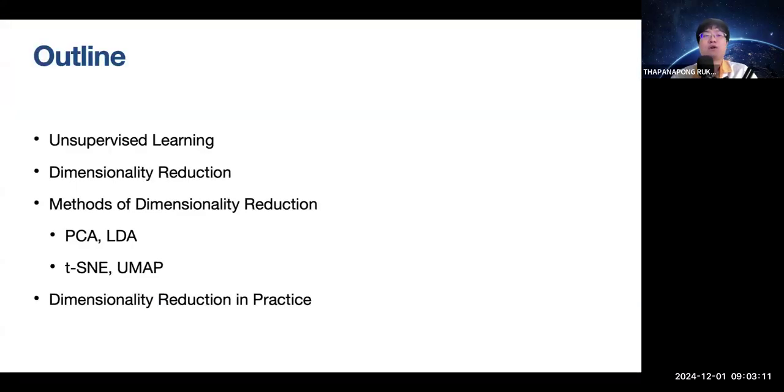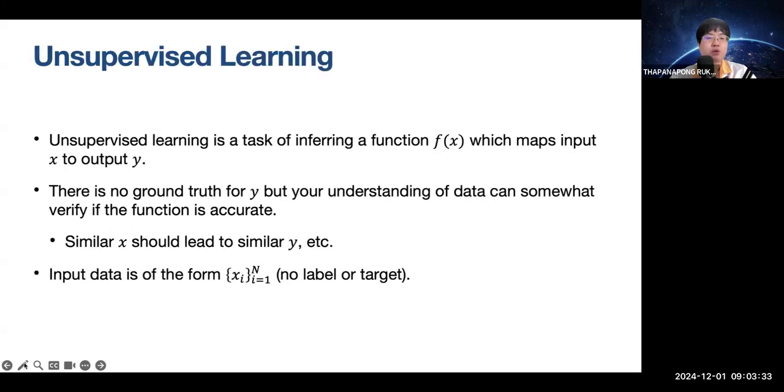So the outline for today, we're going to go back a little bit to unsupervised learning to show you the whole spectrum of the different types of unsupervised learning. And then we will go down into dimensionality reduction. We will have 4 methods that we are going to learn today.